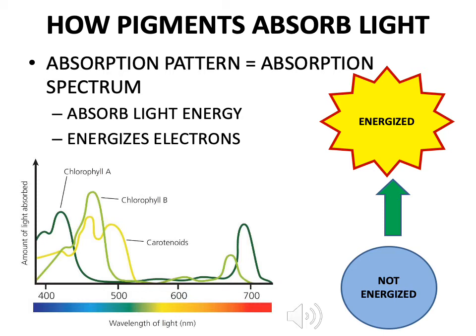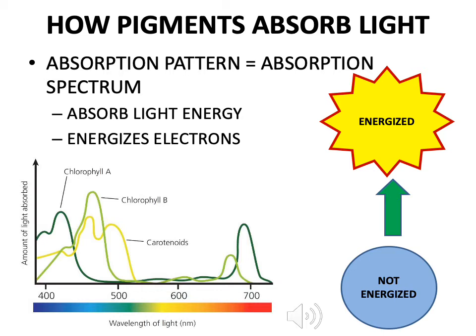So in other words, chlorophyll B has its unique absorption pattern, its unique absorption fingerprint, and if I put chlorophyll B right alongside chlorophyll A, I'm absorbing more energy with the two combined than I would if I had one individually. Throw carotenoids in there.